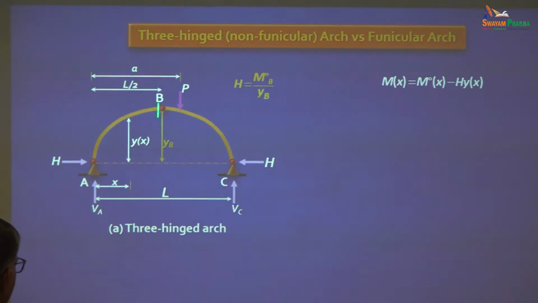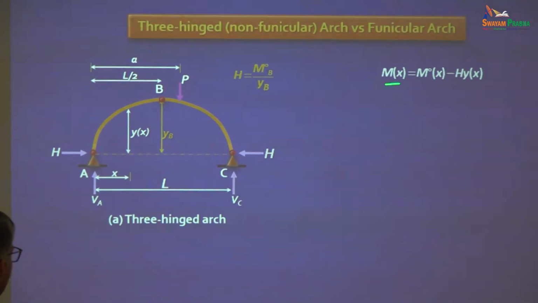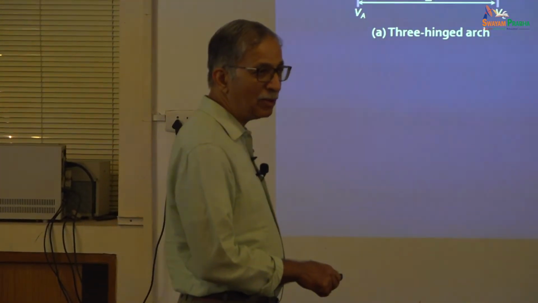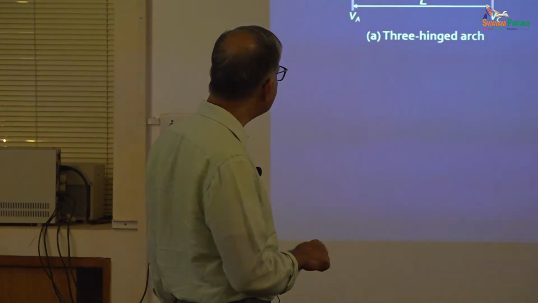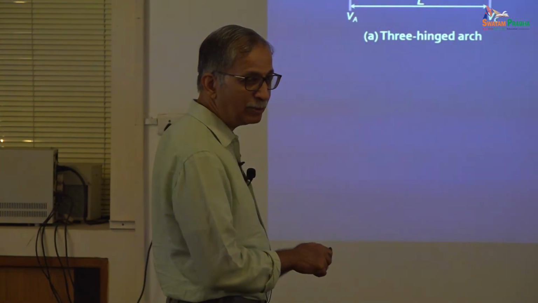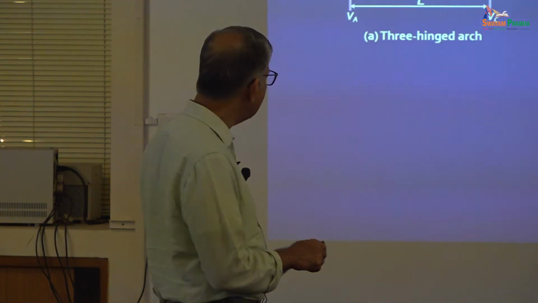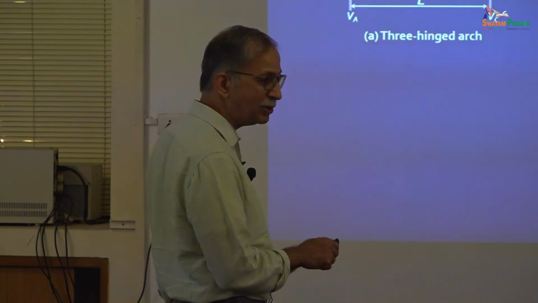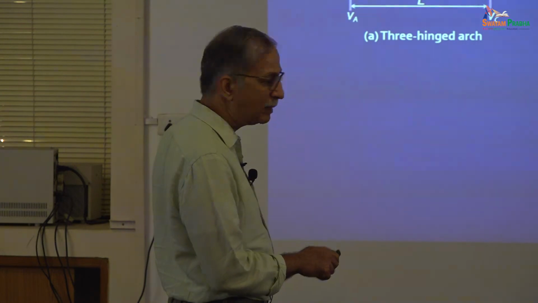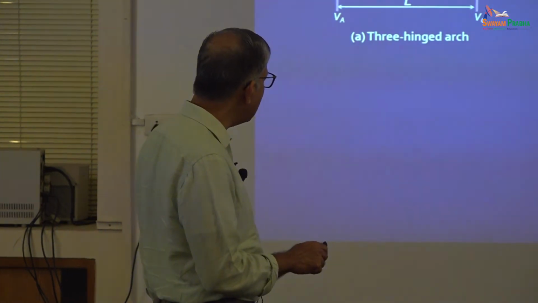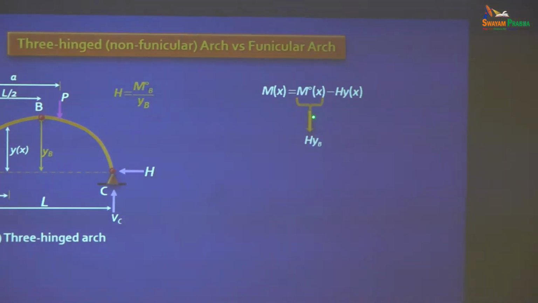Whatever moment you get here, that divided by YB must be 0, because at that location this is equal to 0. This is not going to be 0 at any other location. You know this, so you should have given me the answer very quickly. Let's say you know the rise at the crown of the arch. This is true. Agreed? Now, I can replace this as H into YB.